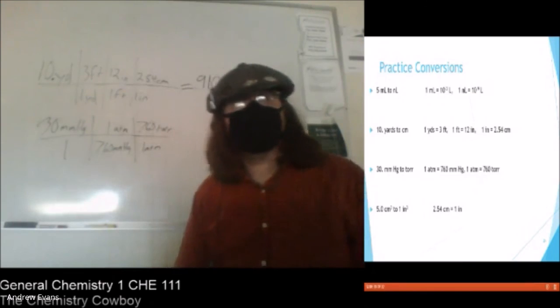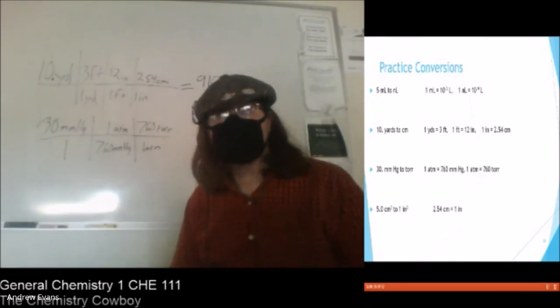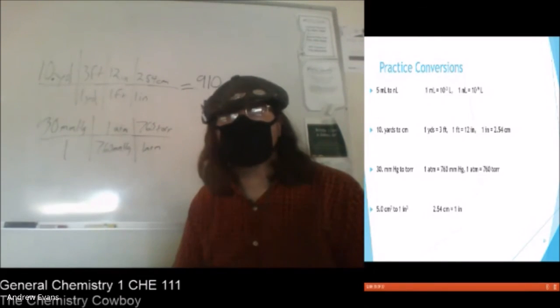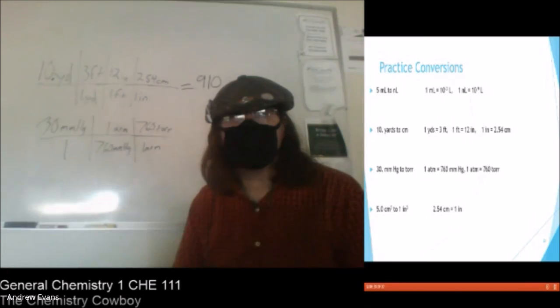So what do you notice? Maybe you don't even need your calculator. You have 760 on top, you have 760 on bottom. 760 cancels 760. 30 millimeters of mercury are equal to 30 torr. They're the same exact results.